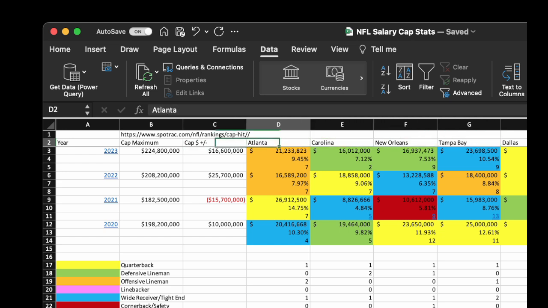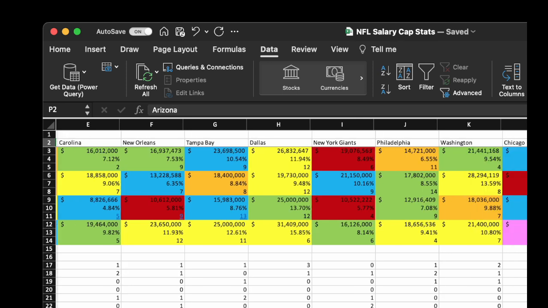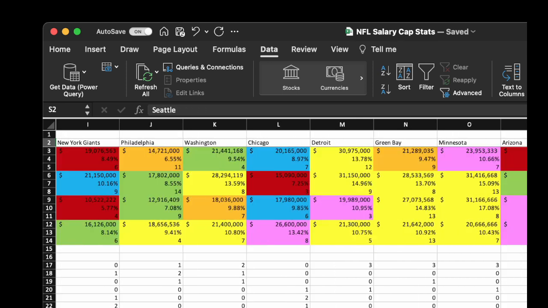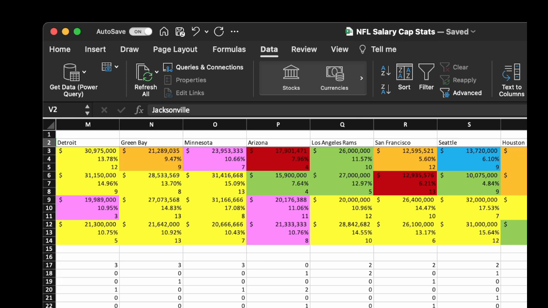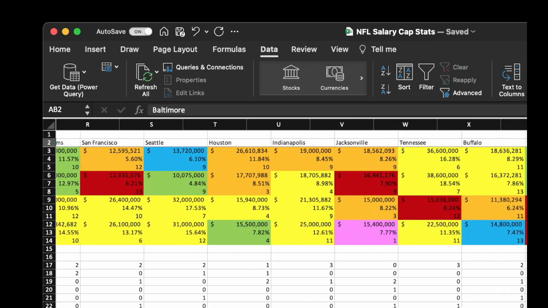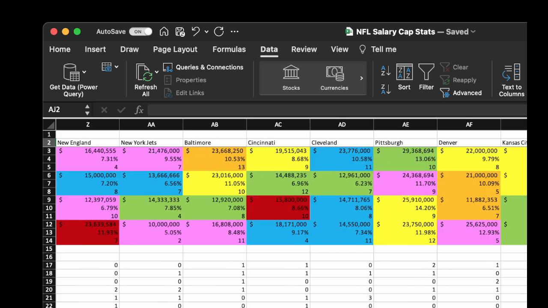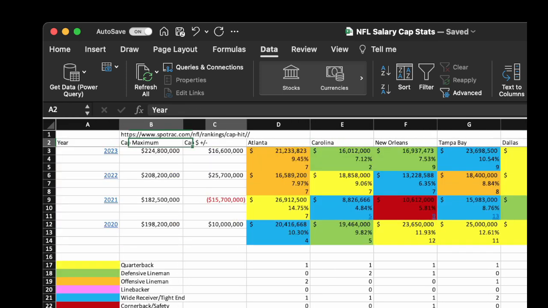So NFC South is here, then the NFC East, then the NFC North, and then the NFC West, and then same thing, AFC South, AFC East, AFC North, and then AFC West.